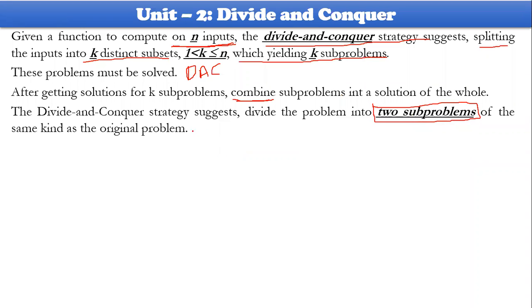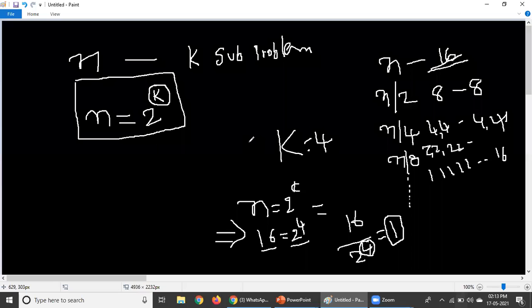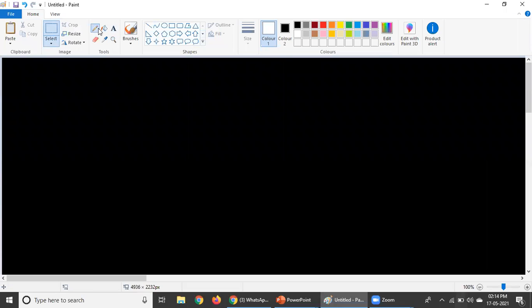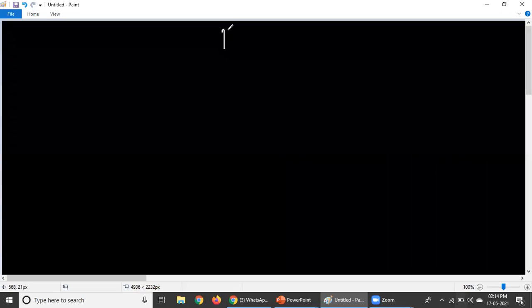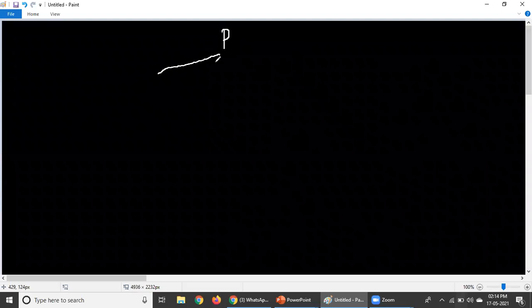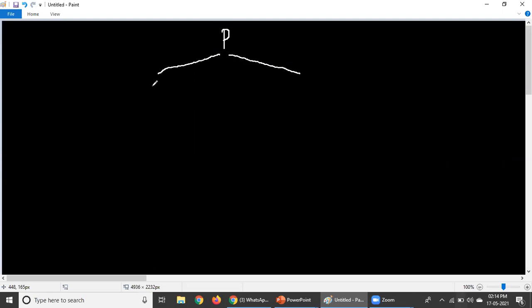To satisfy this statement, let me draw a tree, the space tree, which is used to perform this kind of operation. Let us consider the problem to be P. P is divided into two subproblems, P1 and P2.